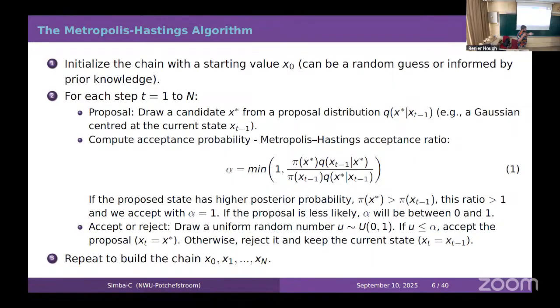If it does not, it doesn't fully reject it. It then becomes a game of chance. It adds in a random number to compare to, and if this less likely value is actually better than the random number, it still gets accepted.